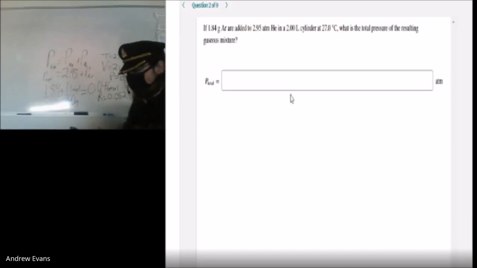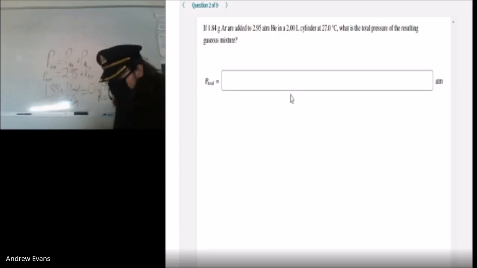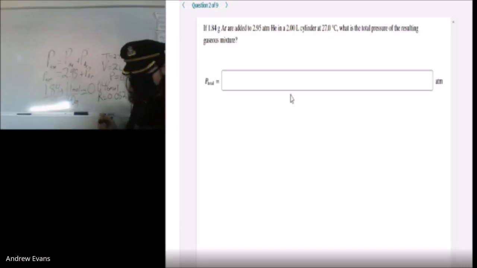At this point, all we have to do is plug in and evaluate. So 0.046 times 0.08206 times 300 divided by 2 liters would give us the pressure for argon, which is 0.566.